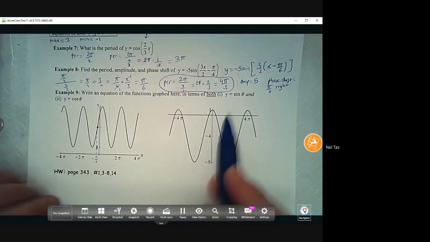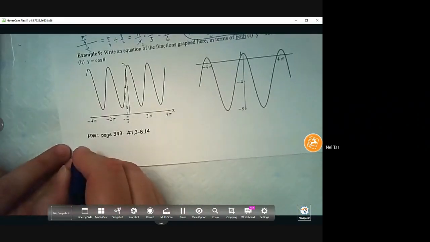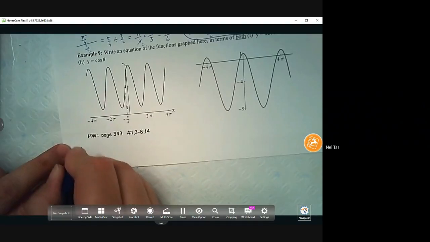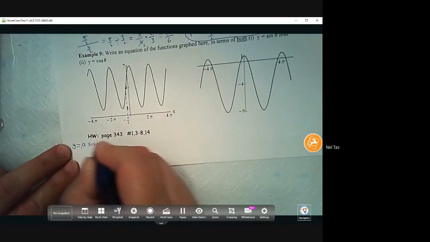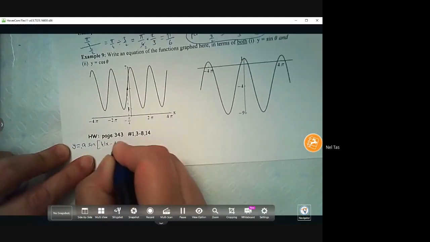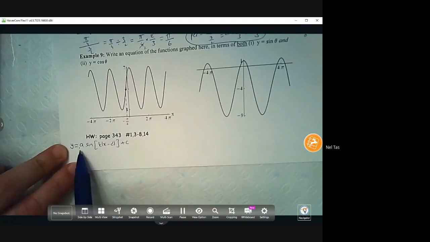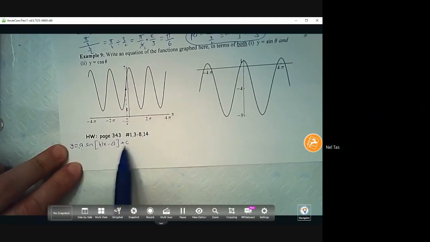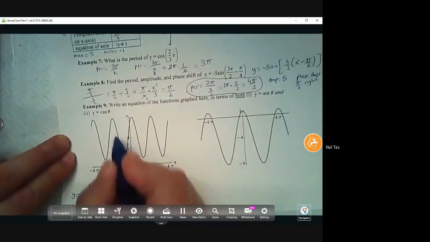In general, let's remember that transformations on any sine or cosine graph will look like this: y equals a times sine or cosine of k times x minus d, plus c. So when you're finding the equation, you need to come up with a, k, d, and c values. Let's look at the first graph.